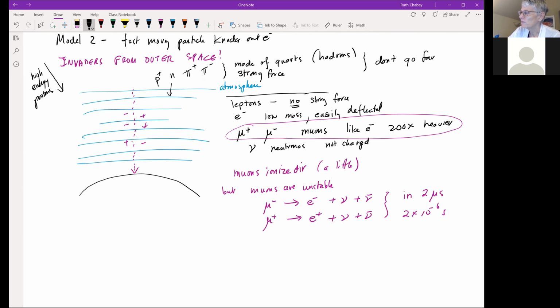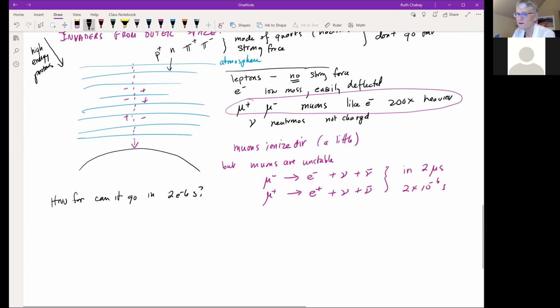So how far can a muon go? Far enough to get to the surface of the Earth in 2 microseconds? Well, okay, it does depend on its speed.